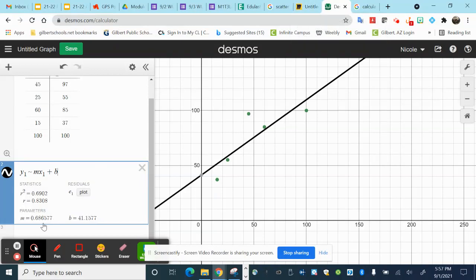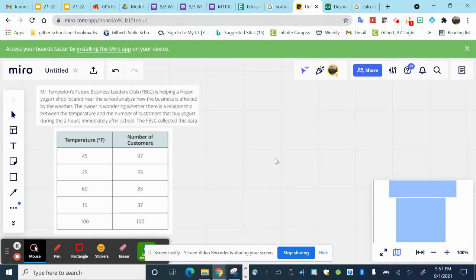So with the regression equation, it gives you the m and it gives you the b right here. And all you have to do is take those two pieces of information and plug that into your equation. So I'm going to come back over here real quick and write my equation down.